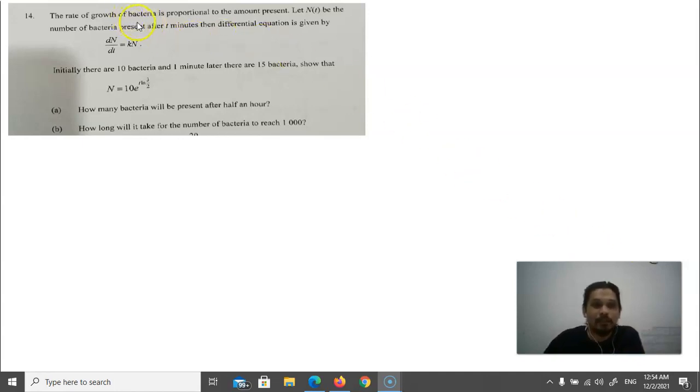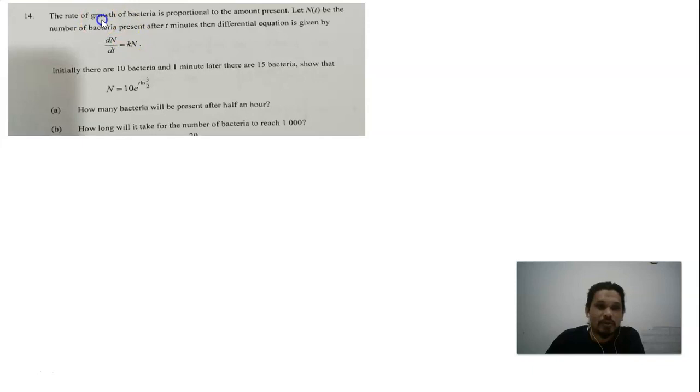The rate of growth of bacteria is proportional to the amount present. Let n be the number of bacteria present after t minutes, where the differential equation is given by this one here. The value is positive because the growth of bacteria means the population or number of bacteria is getting bigger and bigger.